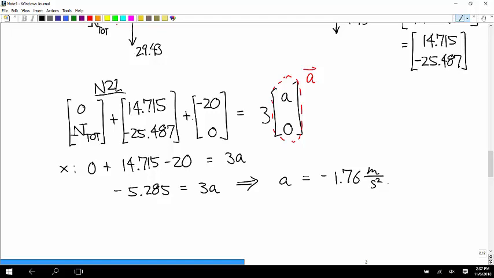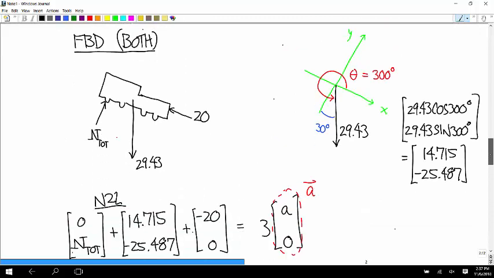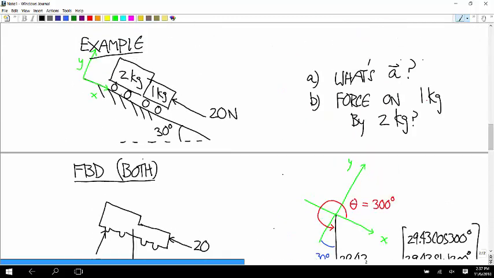And so as an acceleration vector, plug that a value into the acceleration vector, and you get negative 1.76, 0. The negative x-axis is, in this case, up the ramp.